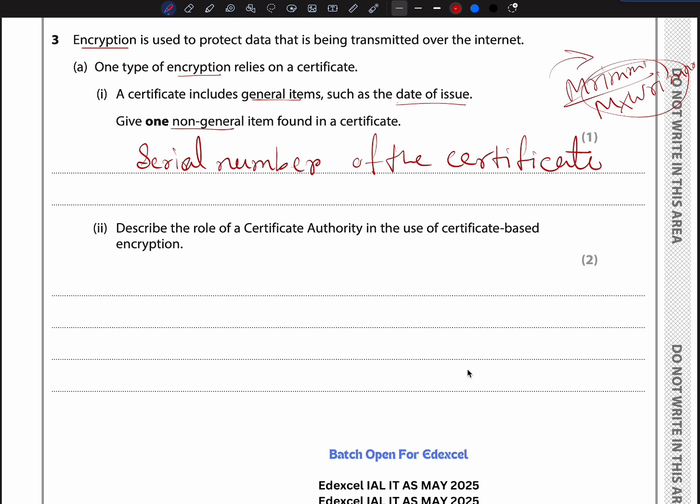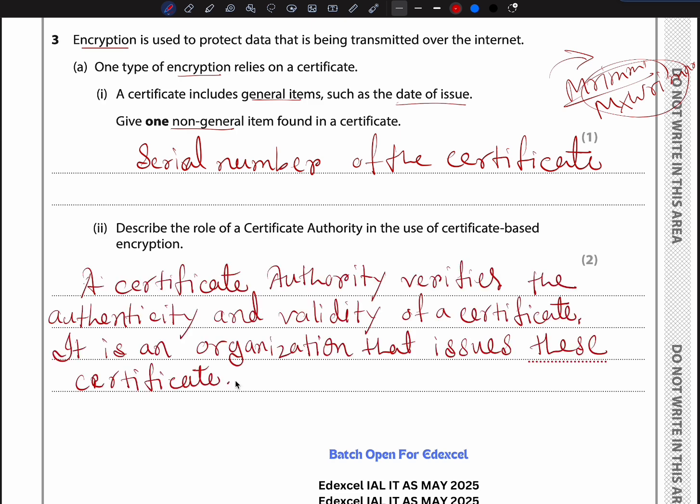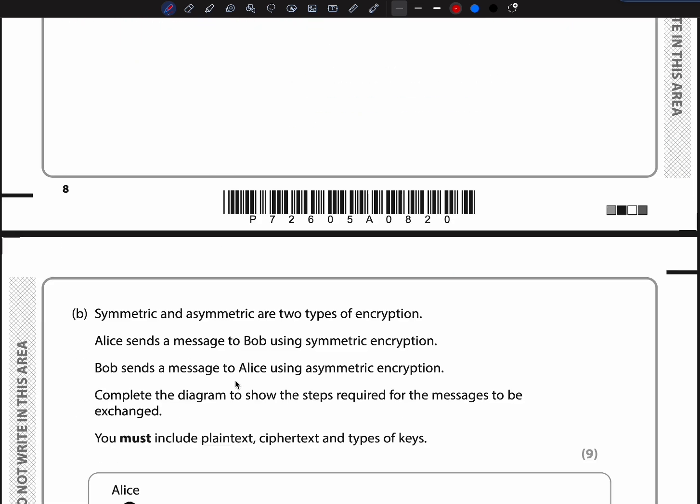So the certificate authority also issues the certificate from the organization. So the answer will be: a certificate authority verifies the authenticity and validity of a certificate. It is an organization that issues this certificate, right? This is the answer. Now we'll move to the next question.